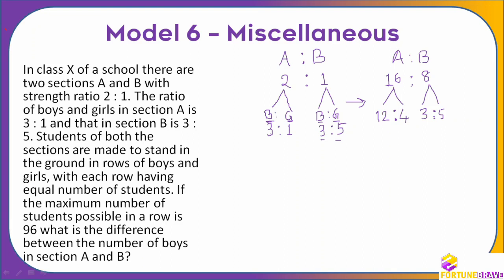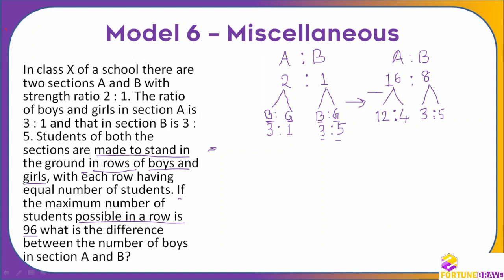If the maximum number of students possible in a row is 96, this is one piece of information we need to understand. So in a row there are 96, and one more thing is that they are made to stand in rows of boys and girls.